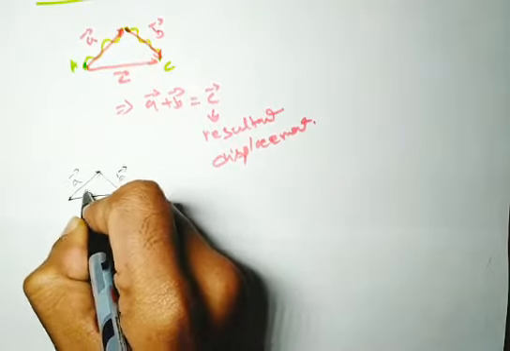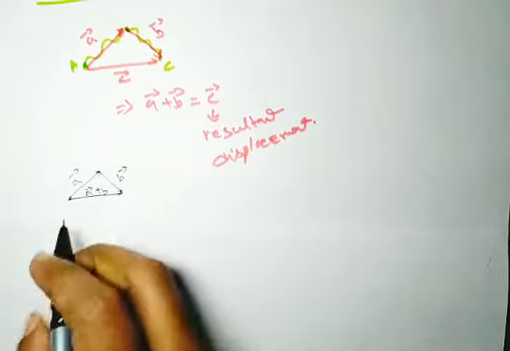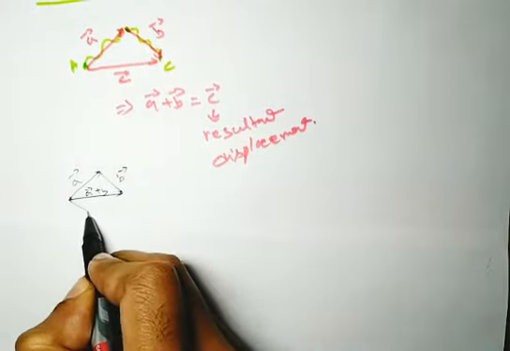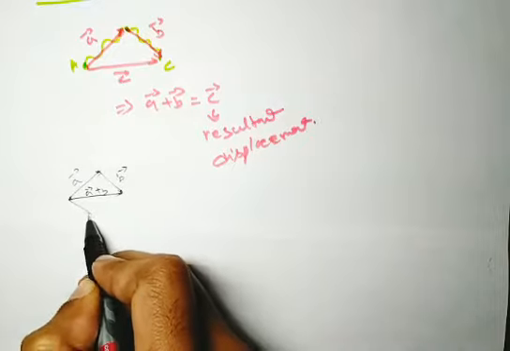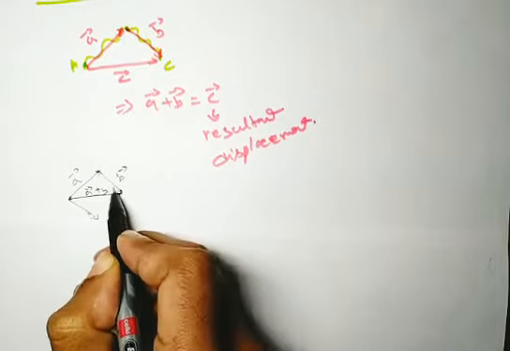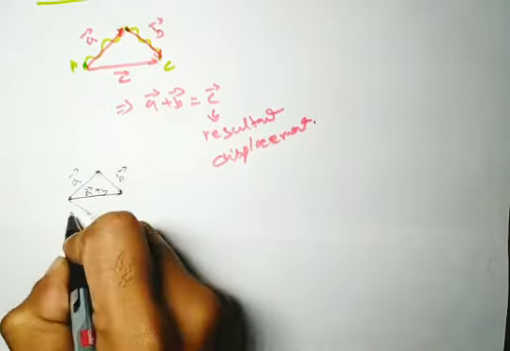We can say A plus B, and this is vector B because of the parallel direction.